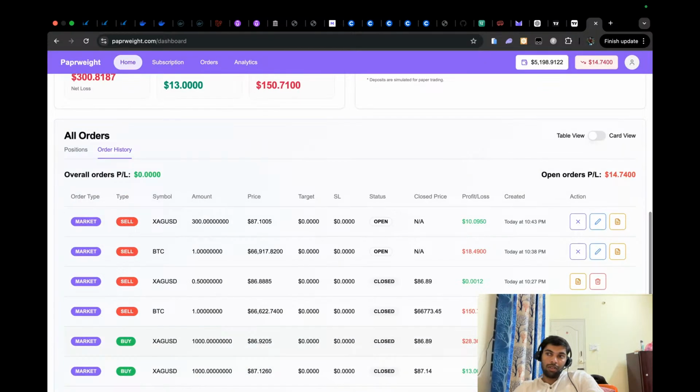I'm just looking at this table because right now my Bitcoin and silver trades are running.